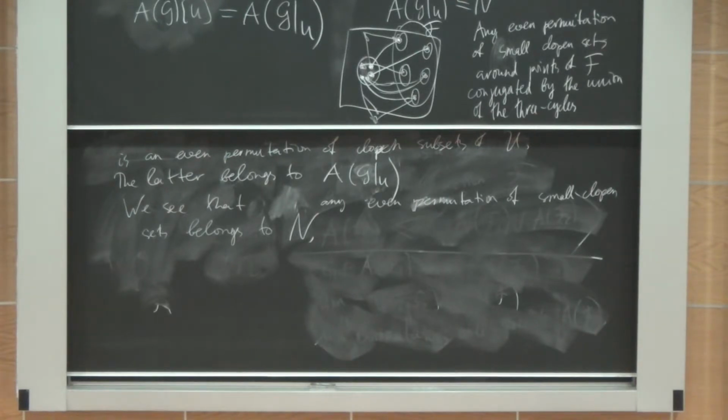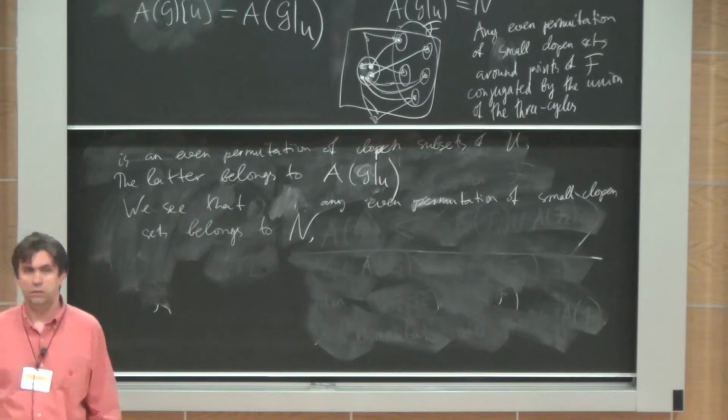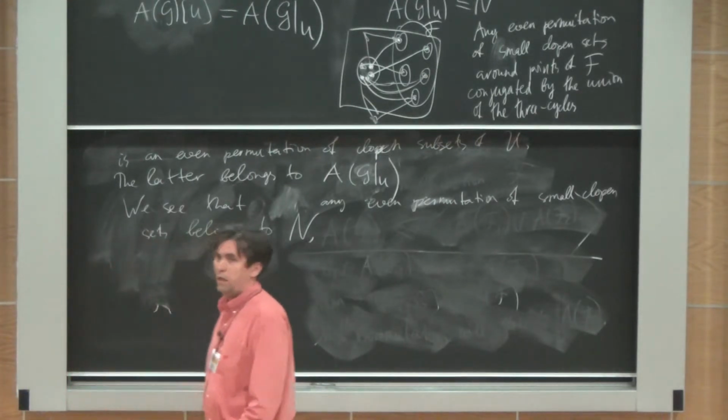So any even permutation of small Clopen sets is in N, and then by lemma number 1 and compactness, we get that any even permutation is in N.